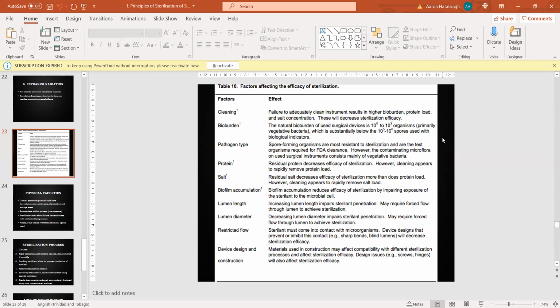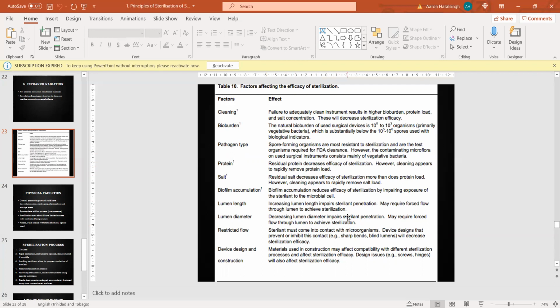The natural bioburden of a used surgical device is about 1 to 1,000 organisms, and that is substantially below the number of spores that are used in biological indicators. Types of pathogens also may affect the efficacy of sterilization. Any residual proteins, any residual salts, biofilm accumulation, which can occur, can impair the exposure of the sterilant to the microbial cell.